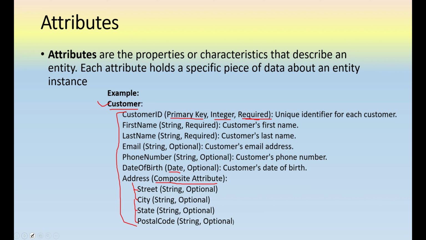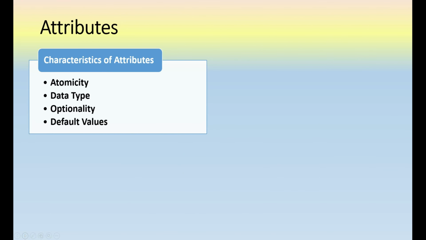You need to finalize all those details before creating the table, right? And now if you look at the characteristics of attributes, they are atomicity, data type, optionality, and then default values.